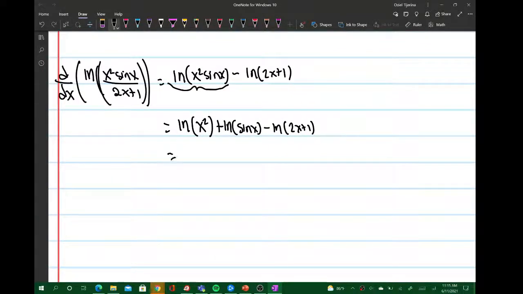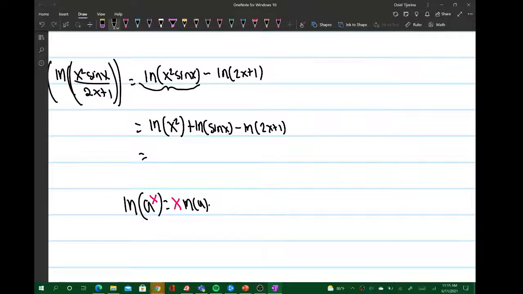Now, ln of x squared, we can use the power rule: when we have ln of a raised to the x power, this is really just x times the natural log of a. So this can be 2 natural log of x, plus the natural log of sine of x, minus the natural log of 2x plus 1.